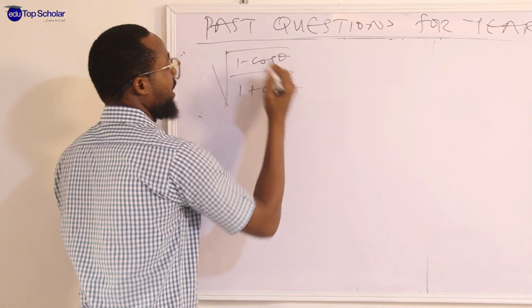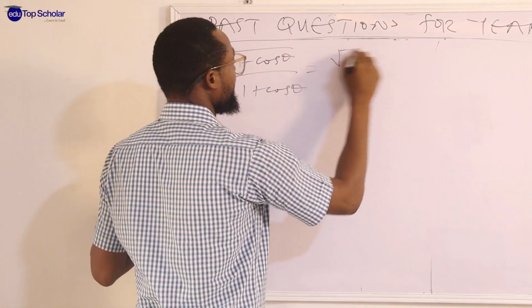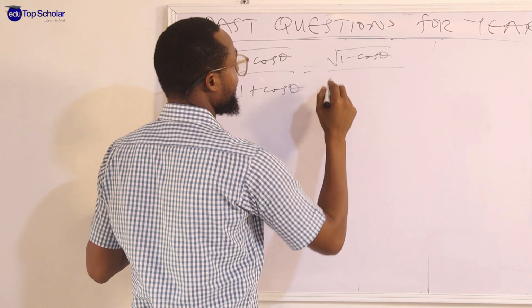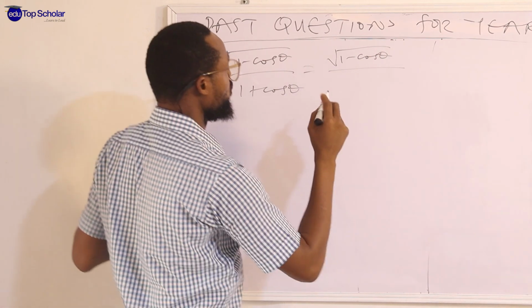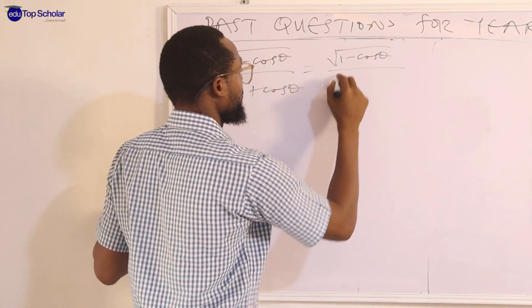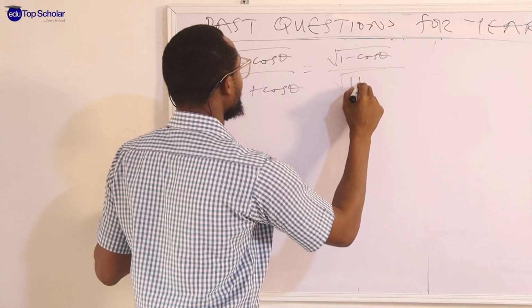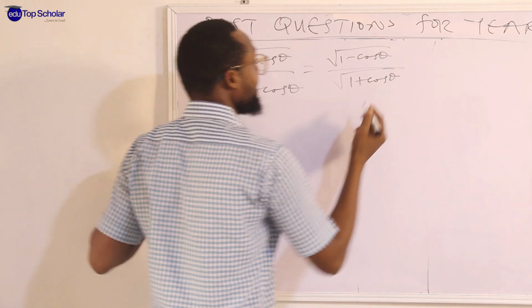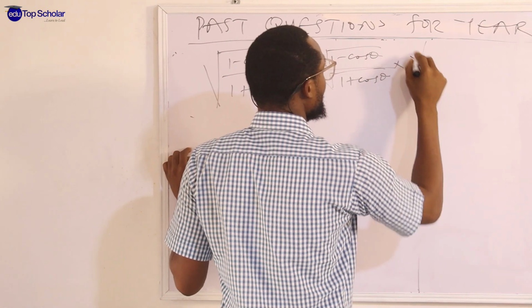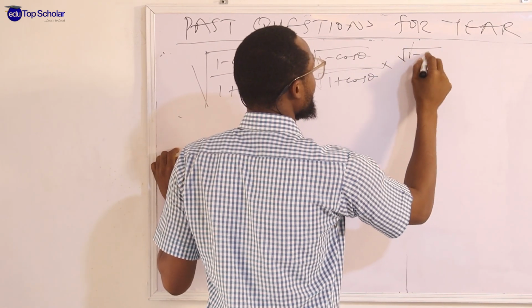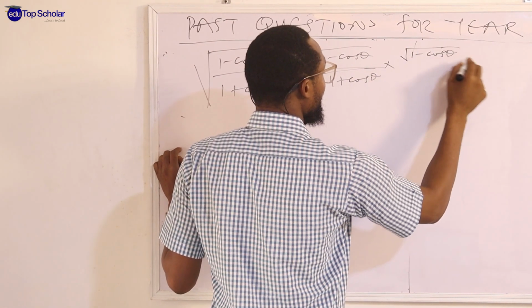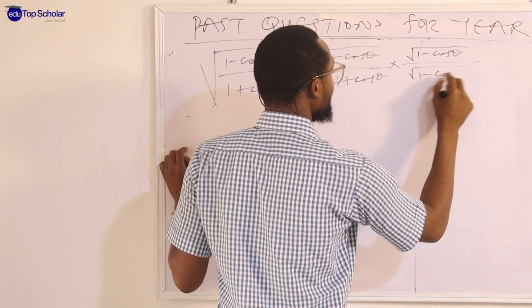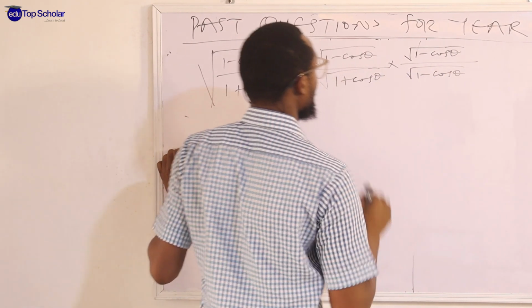This one has radicals, so we can separate this using one of our rules. Root 1 minus cos theta over root 1 plus cos theta, and we rationalize this so that we now have root 1 minus cos theta over root 1 minus cos theta.